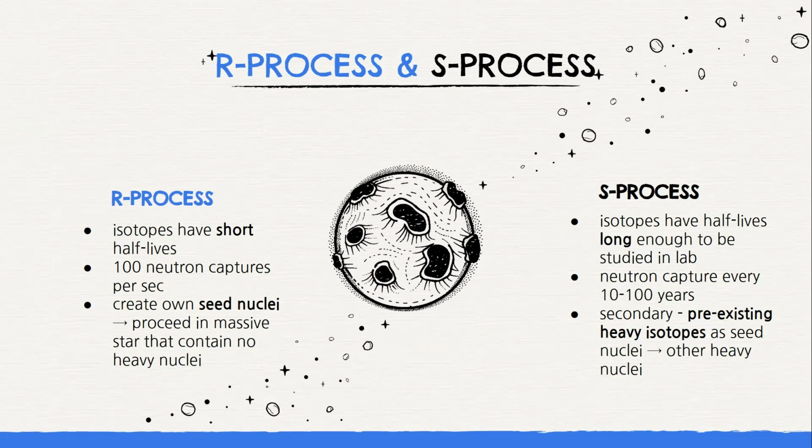Beta decay means that a neutron decays into a proton, an electron, and an antineutrino. So that means it can trap and capture the neutrons inside.